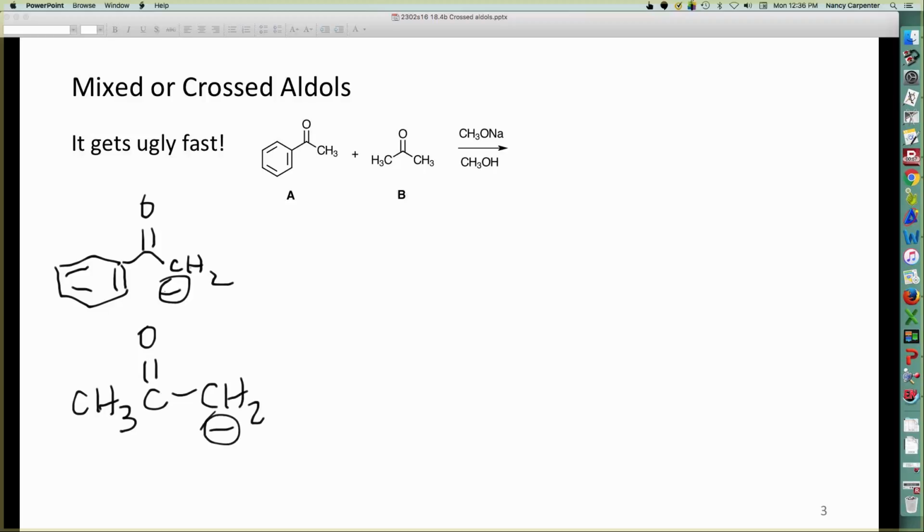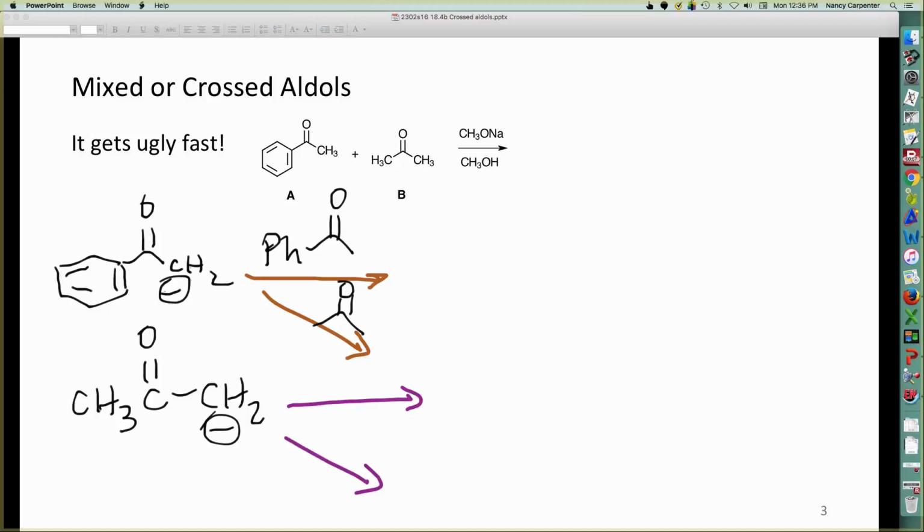And this nucleophile can react with itself, or it can react with acetone. And this nucleophile can react with itself, or acetophenone.